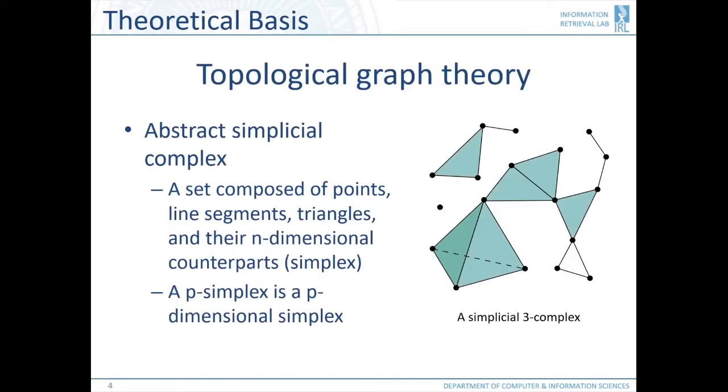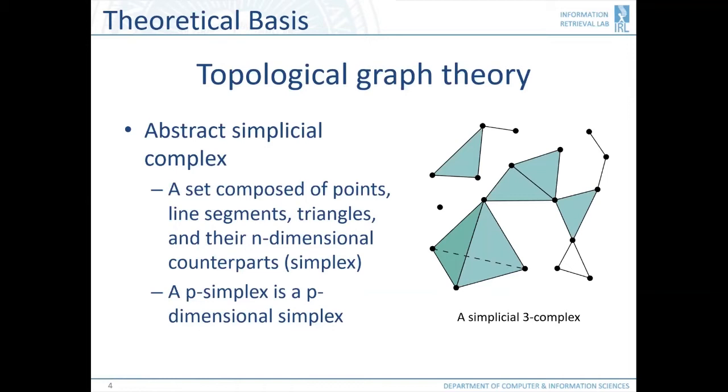So that's the idea. Before I introduce my method, I have to introduce some basic concepts about topological graph theory. The first concept is the abstract simplicial complex. An abstract simplicial complex is a set composed of points, line segments, triangles, and their n-dimensional counterparts, which we call simplices.